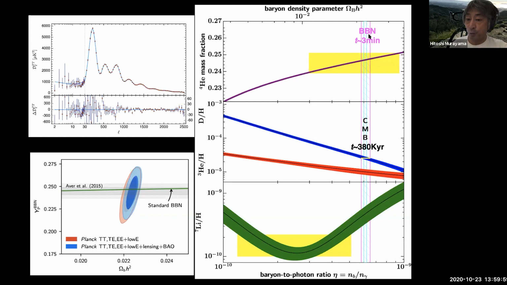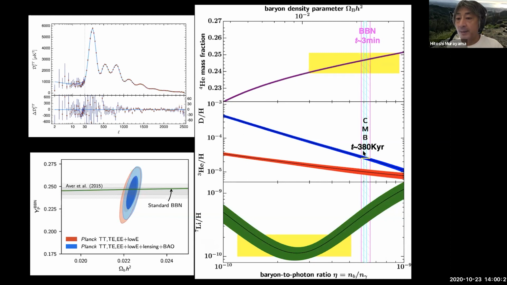But as the temperature cooled, the protons and neutrons started to meet with each other and form bound states into, for example, deuterium, and eventually go into helium-4 or lithium-7. And that is the process that should have happened in the entire universe, called Big Bang nucleosynthesis.